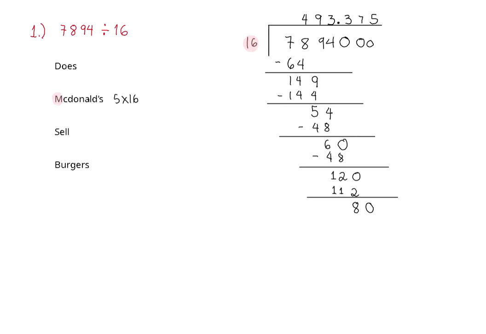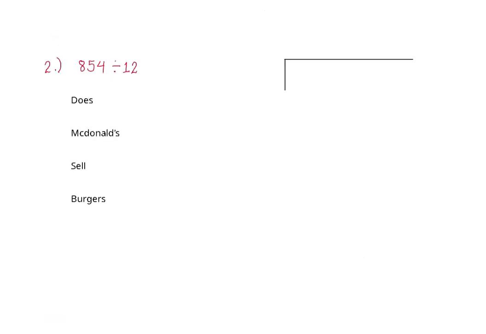The result is 80. By subtracting 80 from 80, the answer is 0. So, the final answer is 493.375. Now, let's try this next example.